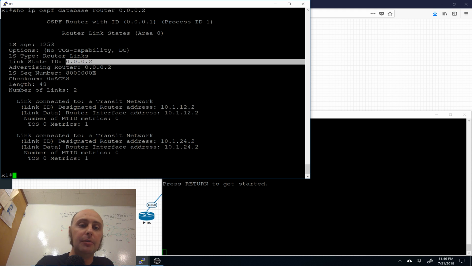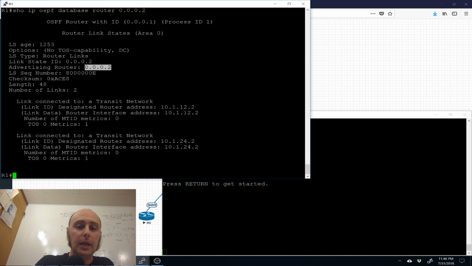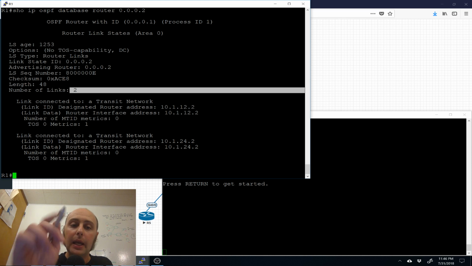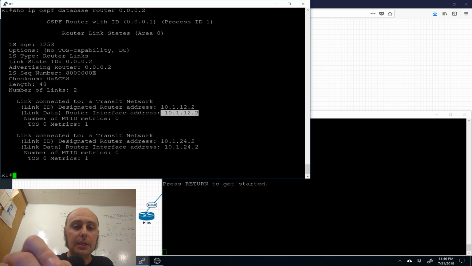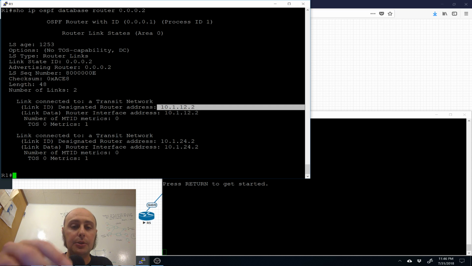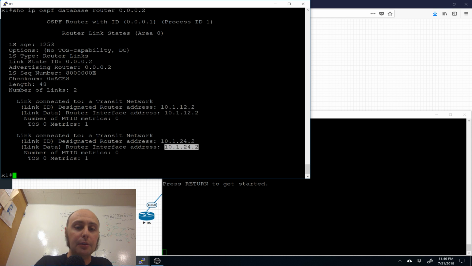We have ourself as the router ID and the link state ID, and then we have 2 links. Our IP address is 10.1.12.2, and that is also the designated router, so router 2 is the designated router. And then we see that we have another interface that is 10.1.24.2, and it is the designated router.